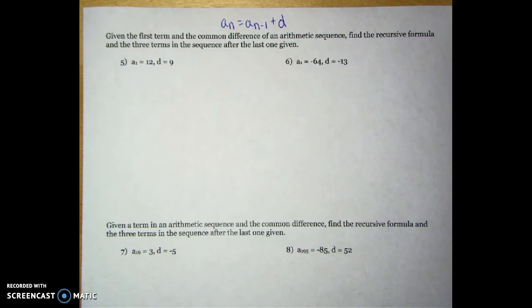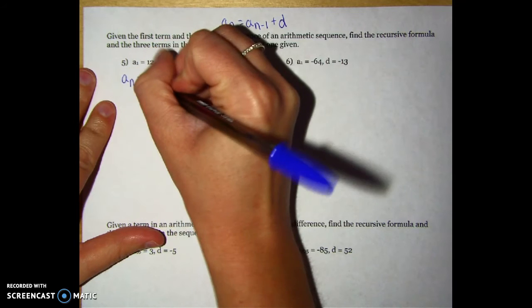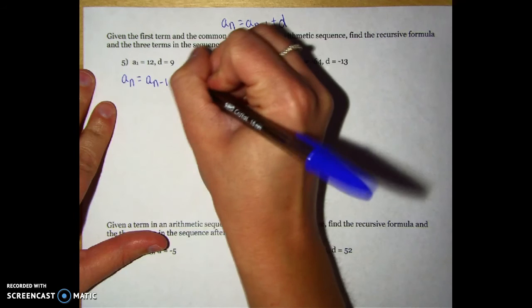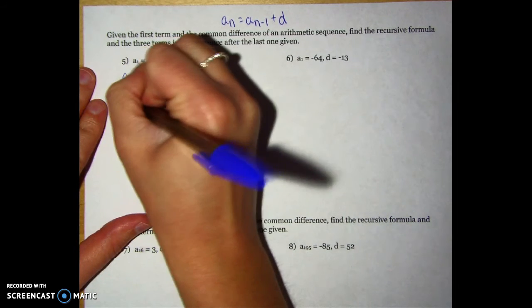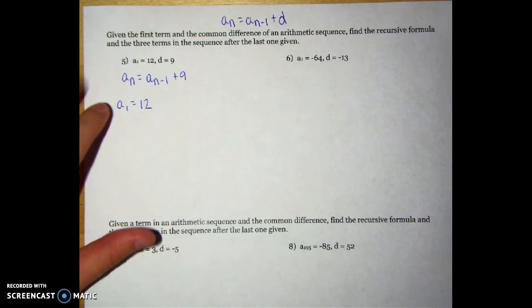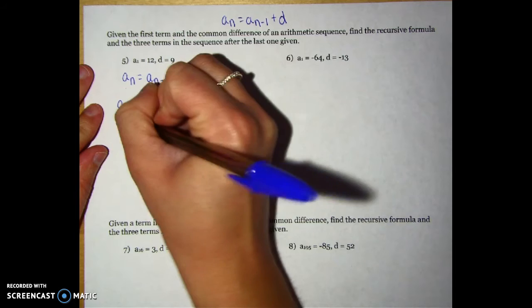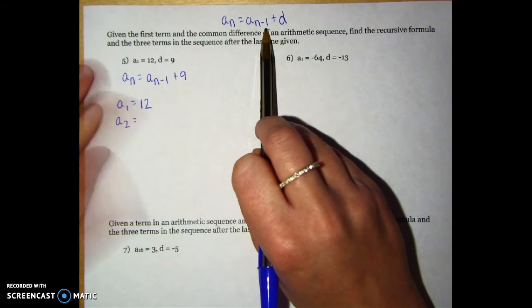So first, start with your formula. That's a sub n equals a sub n minus 1, and you add the common difference, which in this case is 9. And we already know that a sub 1 is 12, and so now we need to find a sub 2, a sub 3, a sub 4. And remember when I said that this is the previous answer, so for this a sub n minus 1, you plug in 12.